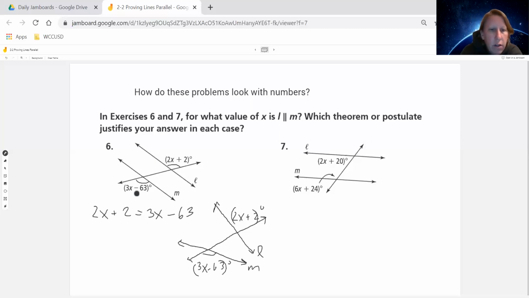So if they are congruent, I'm going to take away 2x on both sides. Then the lines would be parallel. And I'm going to add 63 on both sides.